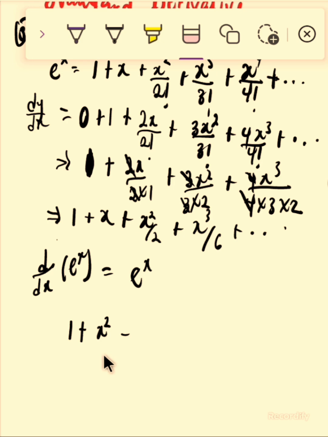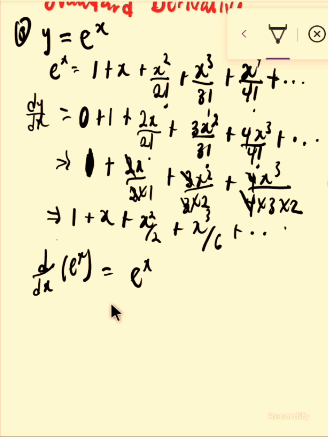Now this means that if we differentiate the exponential function of x, I'm still going to have the exponential function of x. Now look at what we're having here. I want to show you that the differentiation, that is the change in the exponential function of x with respect to x, is the same thing as this.